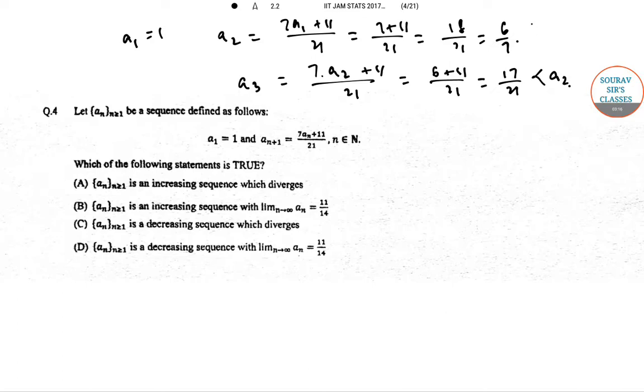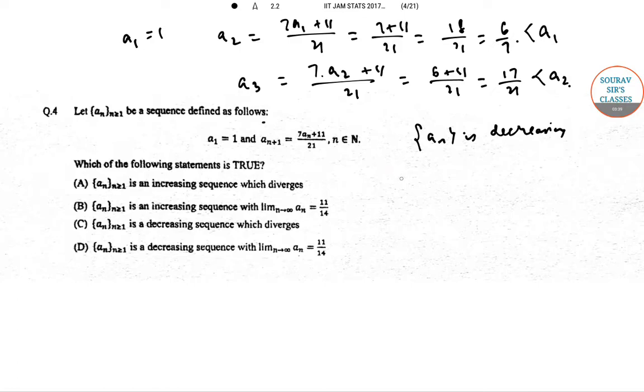And a2 over here was less than a1, so we can say that the sequence an is decreasing and say the limit is obtained.